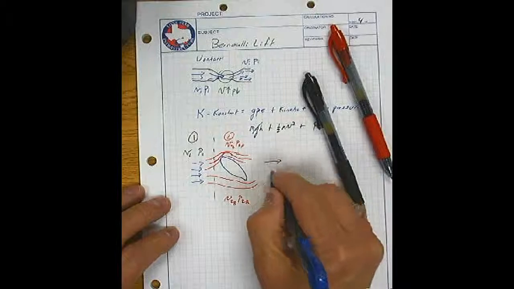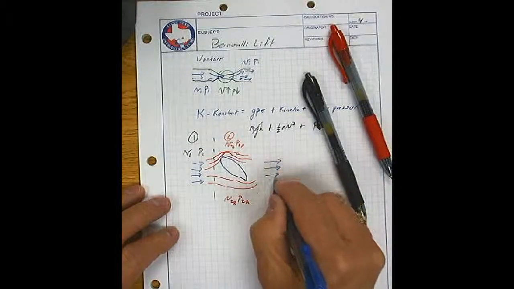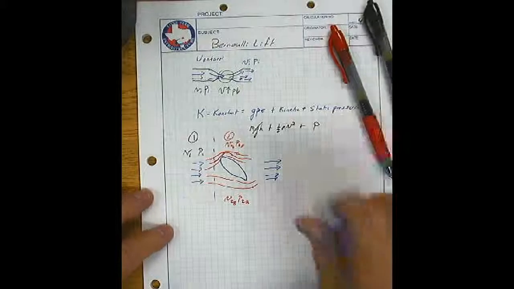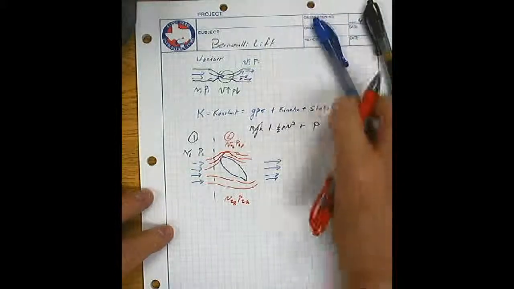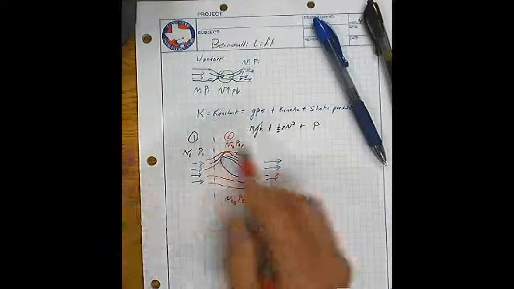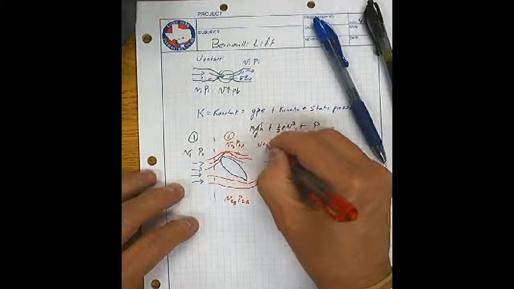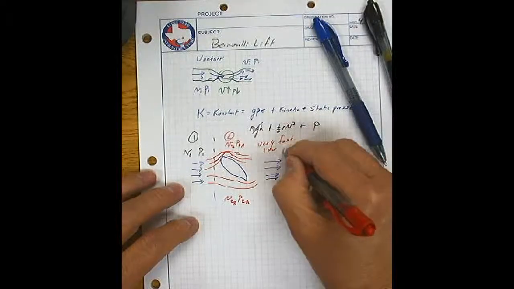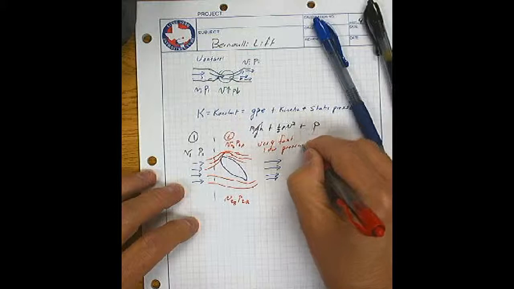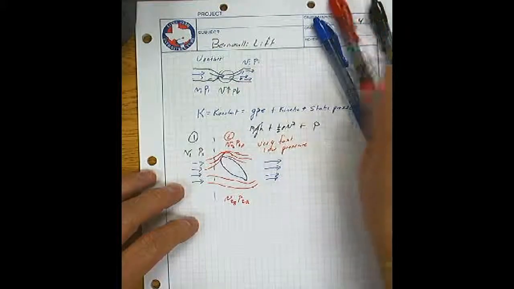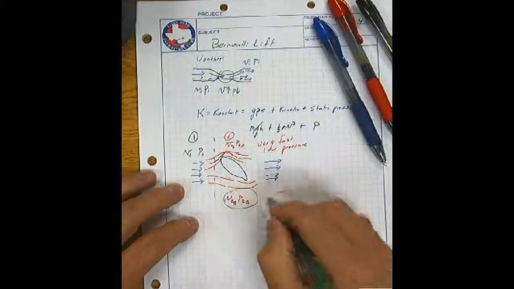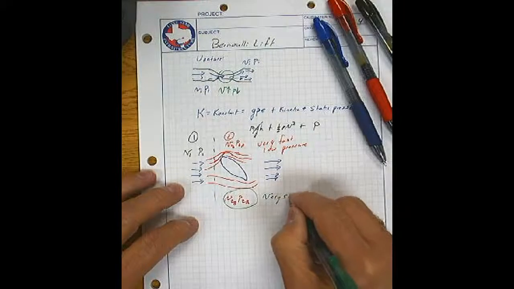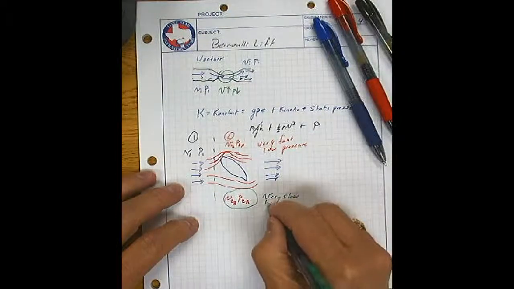Out here far enough away from the wing, the air goes back to where it was before. The key is what's happening here is Bernoulli's equation. Above the wing, very fast and low pressure. Below the wing, should have done this in a different color, slower, maybe not very slow, slower, but higher pressure.